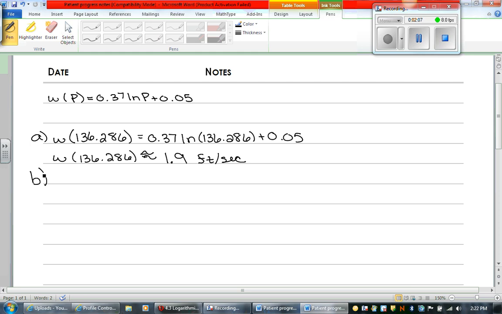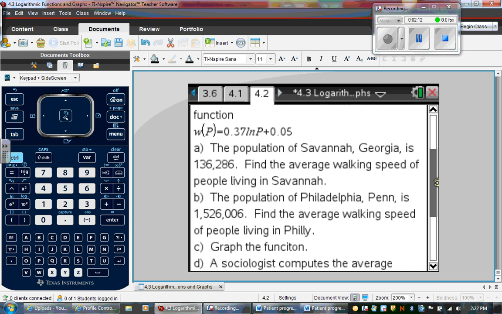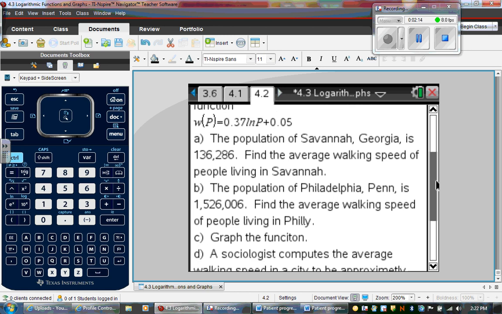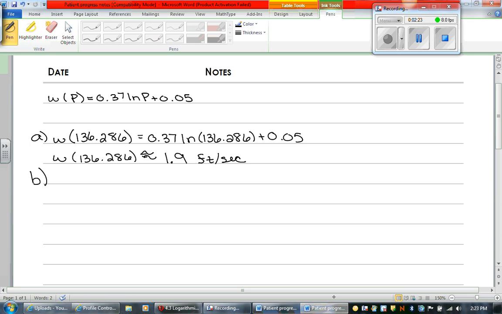Okay, so for B, what we're looking at is, given the population of Philadelphia is 1,526,006, we're going to find the average walking speed for the people living in Philly. So same thing, we need to change that to thousands, and we're going to substitute that in. So in thousands, we're going to have 1,526.006.